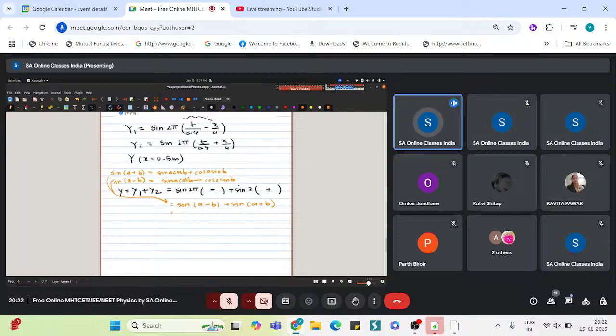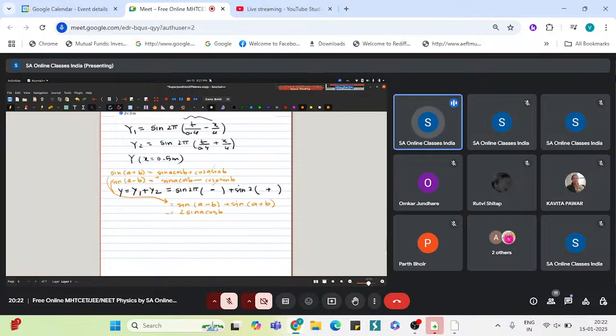So sine (a minus b) is just going to be sine a cos b minus cos a sine b, and sine (a plus b) is going to be sine a cos b plus cos a sine b. And these two terms are going to cancel each other because they're plus minus terms, and the first two terms are going to be added up, so that relation is just going to be sine a cos b twice, so 2 times sine a cos b.